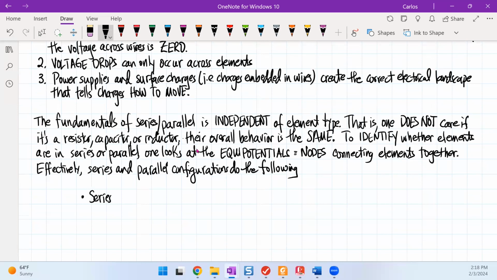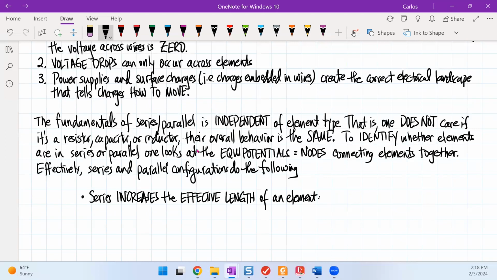Series increases the effective length of an element.